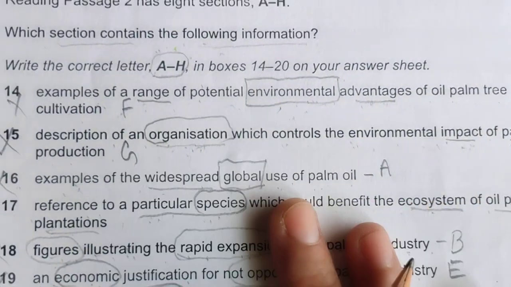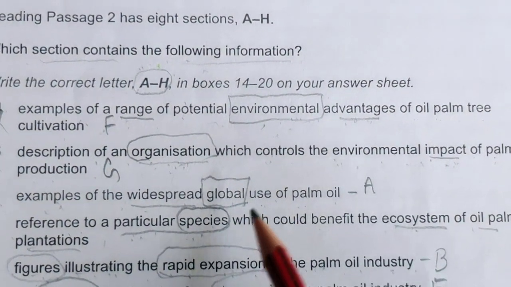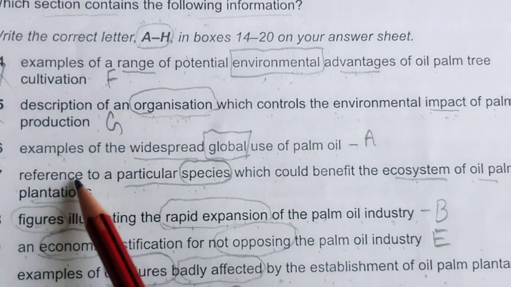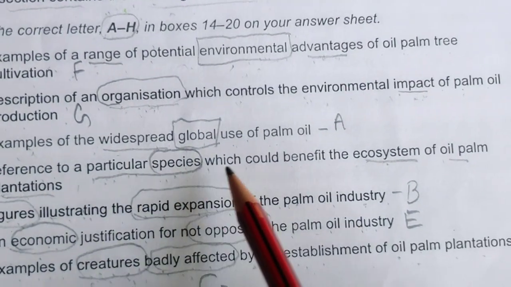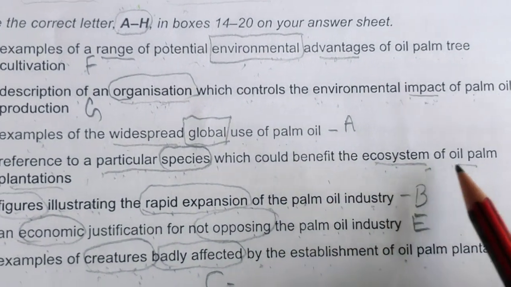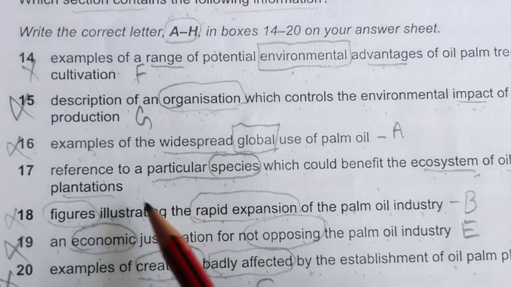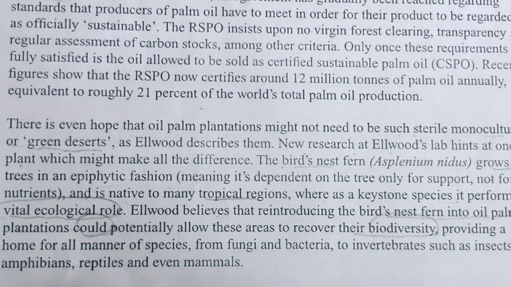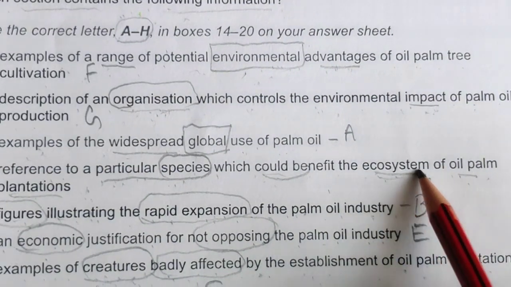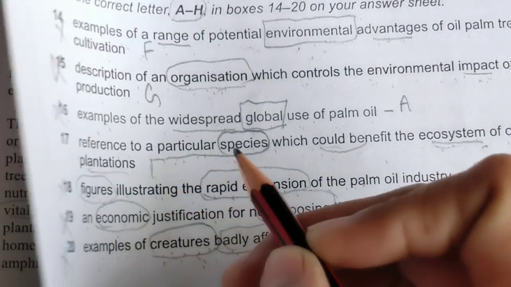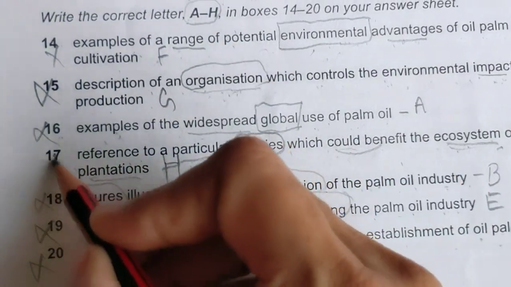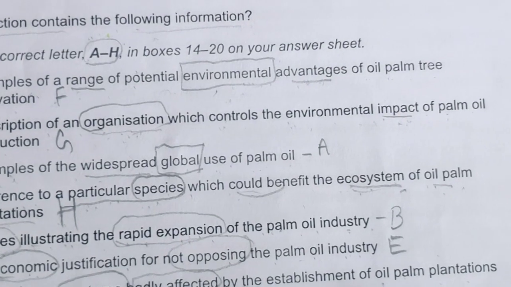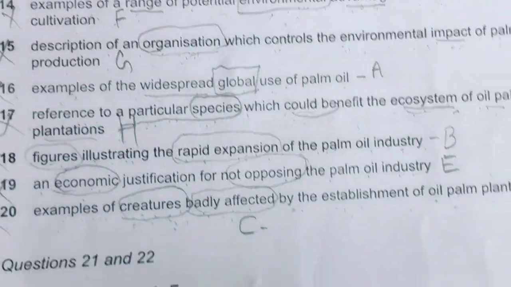So it was given here: reference to a particular species which could benefit the ecosystem of oil palm plantations. So it is clearly given. Okay, so for this I am putting H. This also we have done. So these are the answers for finding the information.